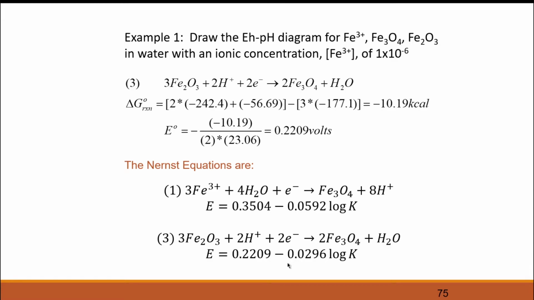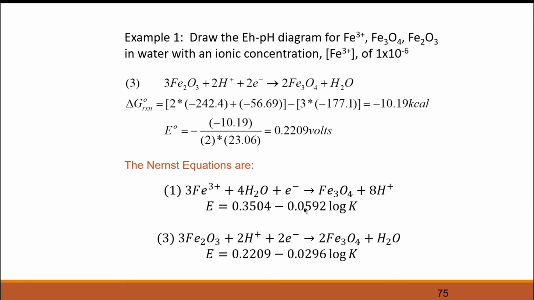Okay, so it's 0.0296 because this is 0.0592 divided by N, no? And again, N here is 2 because there are 2 electrons involved, or 2 equivalent charges involved.